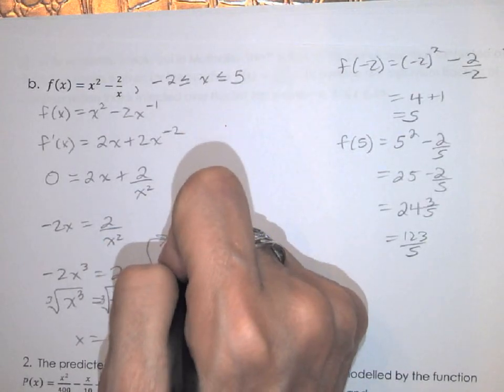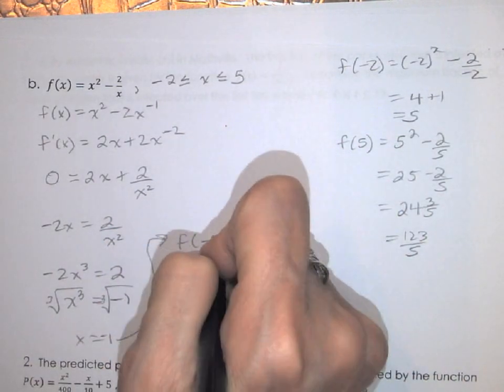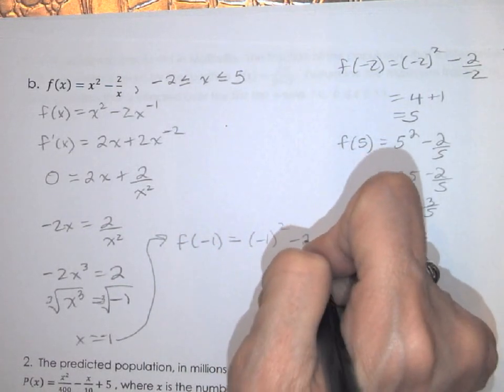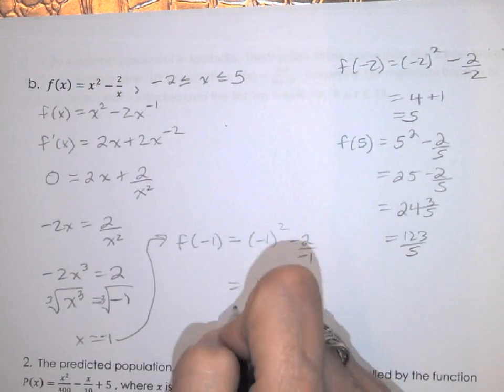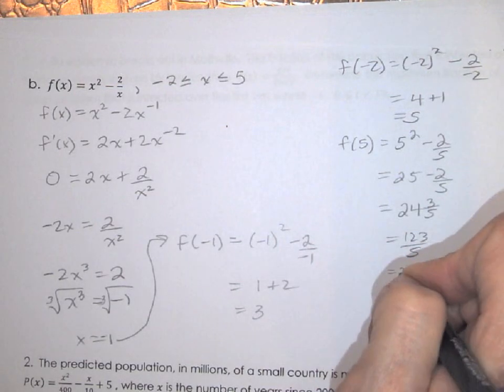So we're going to test it. f at -1, this should be -1 squared minus 2 over -1, which is 1 plus 2, which is 3. So in this case, 123 over 5 is 24.6.